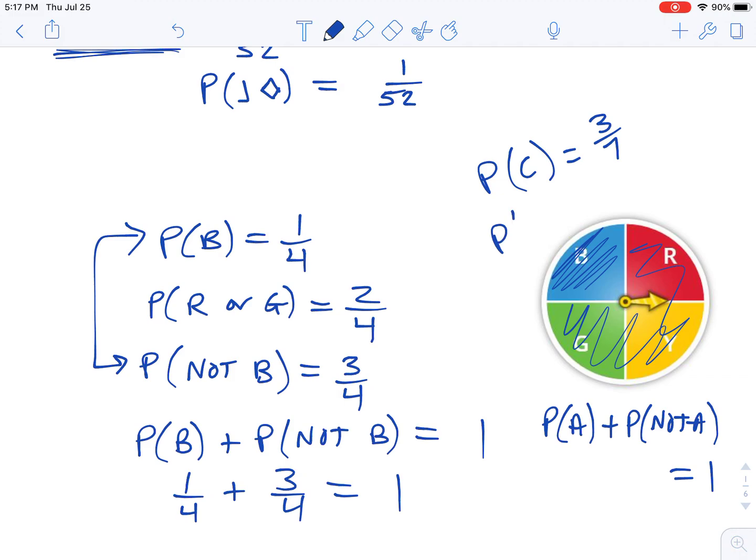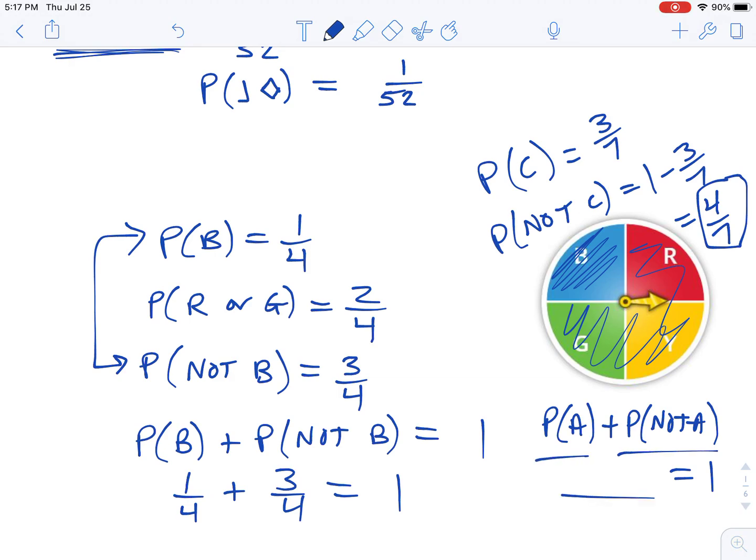Then you know the probability of not C would be the missing piece to get you to 1. So that would be 1 minus 3/7, which would be 4/7. So it's very useful to know the probability of A plus probability of not A is 1, so you can find the probability pretty easily of it not happening by just subtracting it from 1. And that's how we find theoretical probability, what should happen in theory.